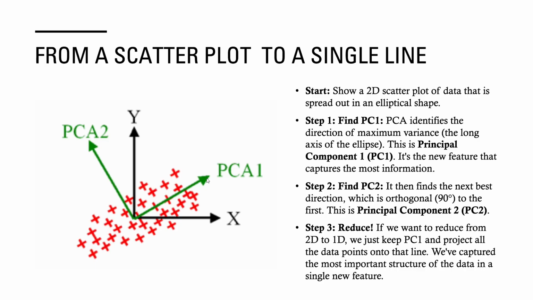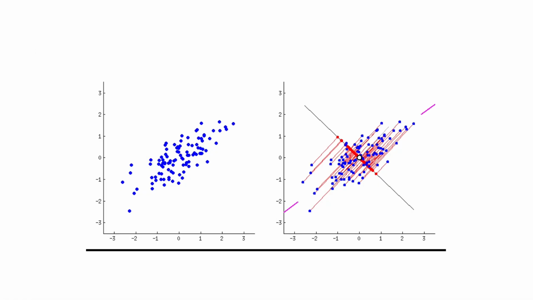And next we also find PC2, which is always orthogonal to PC1, which means it is 90 degrees to PC1. So now we have two dimensions. Let's say we want only PC1. We want to make everything into one dimension. Then just take PC1. So the points along the line PC1 become the 1D dimension. This way you have reduced the dimension.